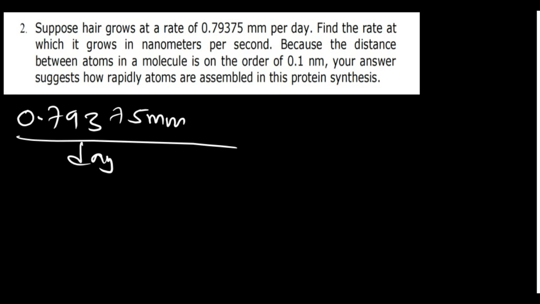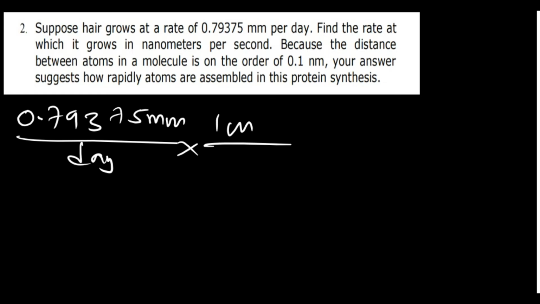Now from there, we first have to convert millimeters to meters. Why? Because 1 meter is equal to 10 to the power 9 nanometers, so we first go from millimeters to meters, and then from meters to nanometers, which is going to be better. In 1 meter, how many millimeters do we have?